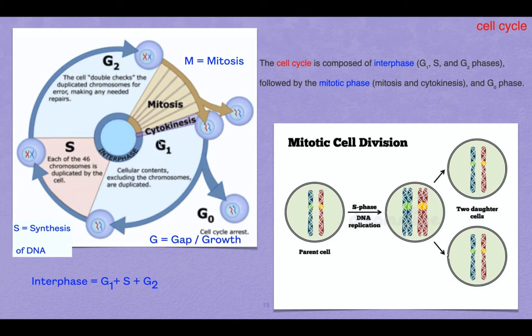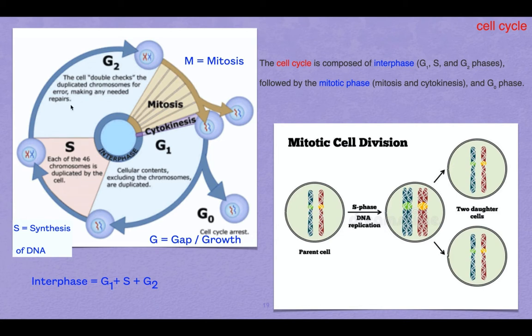So first, gap in G1, the cellular contents excluding the chromosomes are duplicated. S comes from synthesis of DNA. So all the DNA material will be duplicated in this phase of the cell cycle.